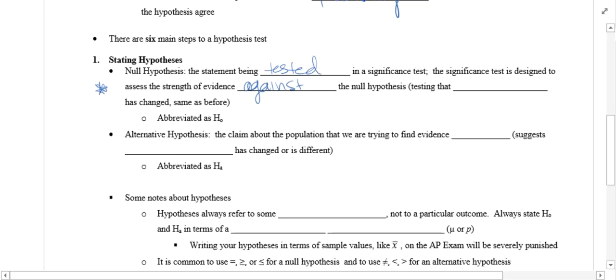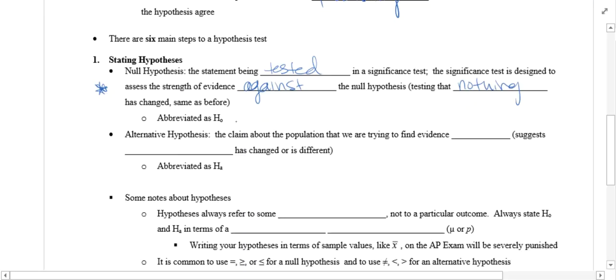The significance test is designed to assess the strength of evidence against the null. Our sample data is trying to show that the null is not correct, that it's changed. So we're not supporting the null, we are trying to find evidence against it. The null hypothesis is testing that nothing has changed, like the claim is still true. It's abbreviated as H sub 0.